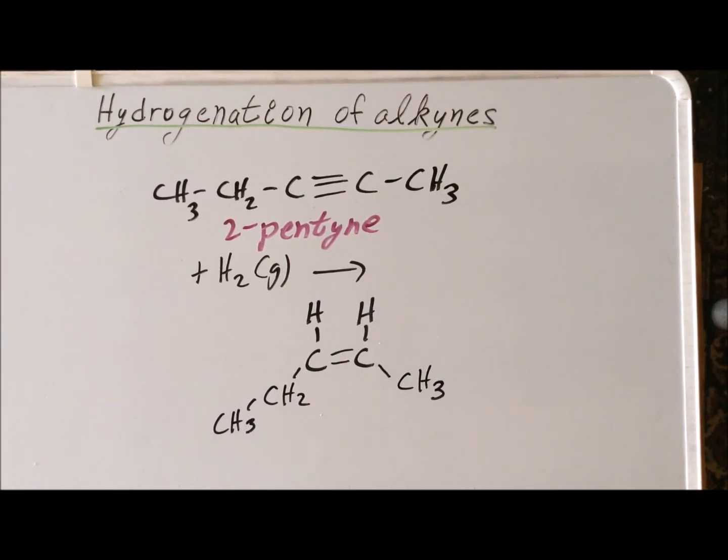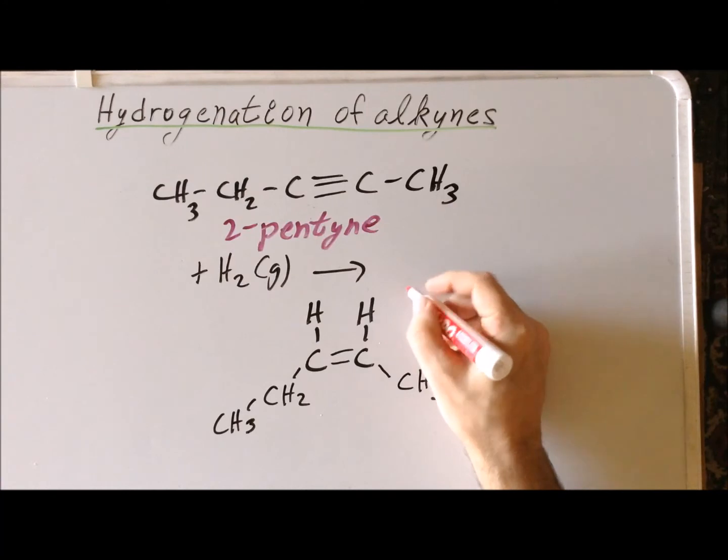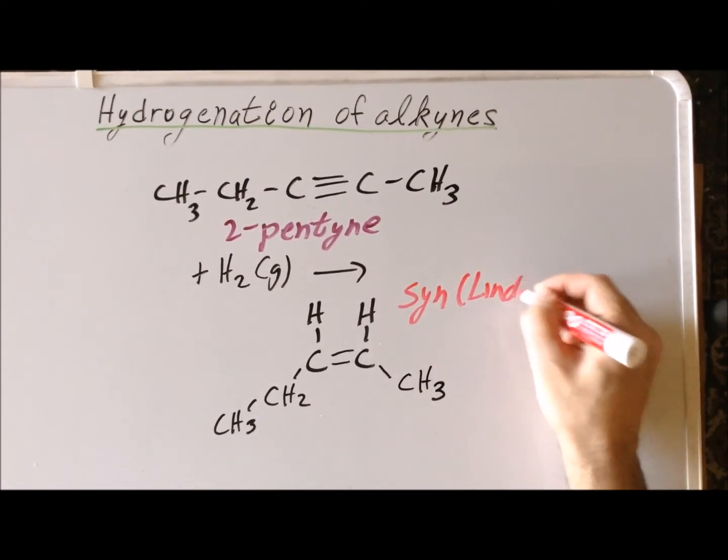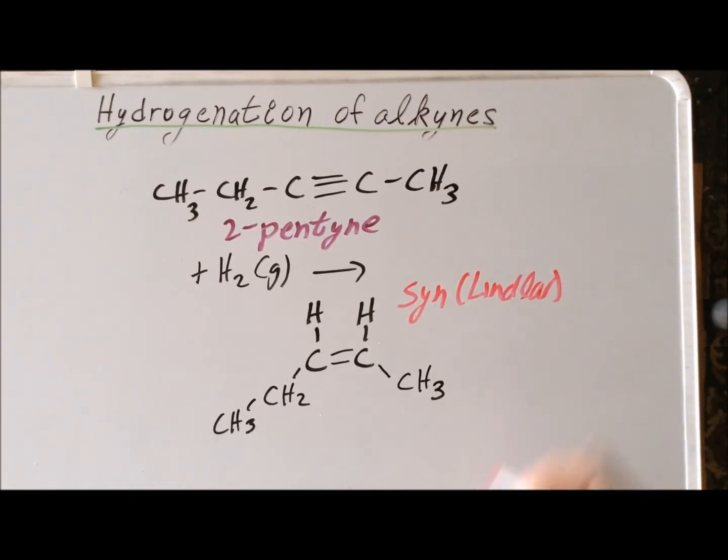And we see, since we use the Lindlar catalyst, that we have syn addition. Make sure I write that down. We have syn addition, and therefore our resulting product is one where the hydrocarbon groups are on the same side, or we can think that both the hydrogen atoms are on the same side. So now we have the cis conformation.